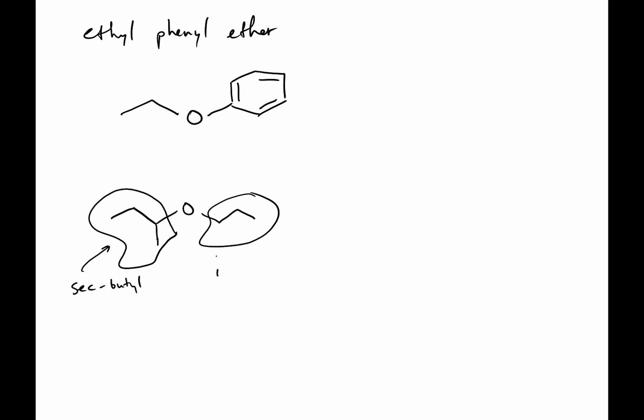And this looks like propyl, not isopropyl, just regular old propyl. So putting it all together, remember the sec doesn't count in this case. Iso would, but sec doesn't. So this is sec-butyl propyl ether, because we actually think about butyl when we alphabetize. Okay.